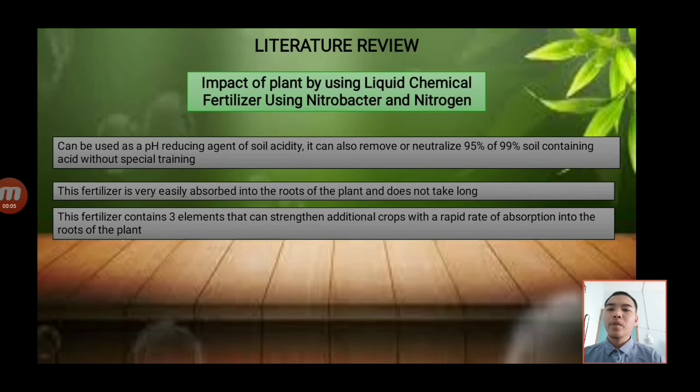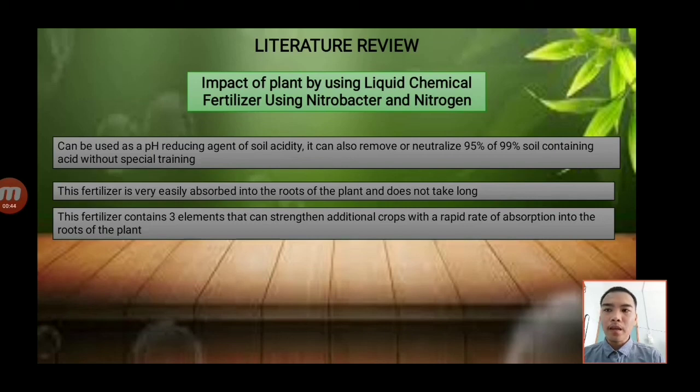I present about a literature review. This literature review is about the impact on plants of using liquid chemical fertilizer using Nitrobacter and nitrogen. First, it can be used as a pH regulating agent for soil acidity. It can also neutralize 95% to 99% of soil containing acid without special training.